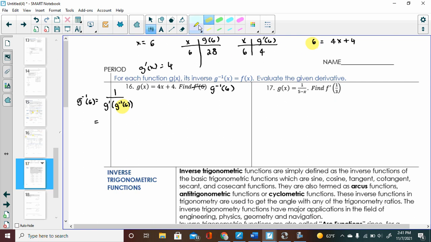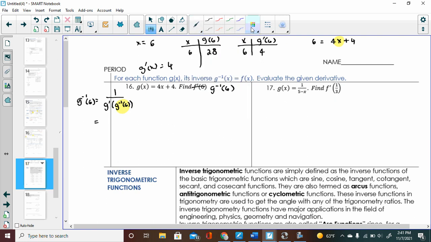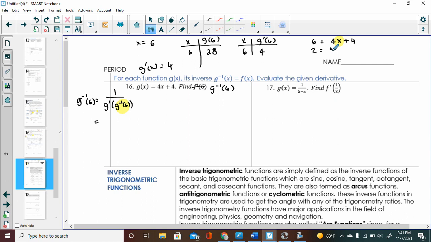All right, so let me erase that because that's not the one I wanted to highlight. So we're solving for x to get this y value for the inverse, if that makes more sense. Okay, so I'm going to subtract 4 on both sides. I get 2 equals 4x, and x equals 1/2, and that is g prime, g to the inverse of 6.